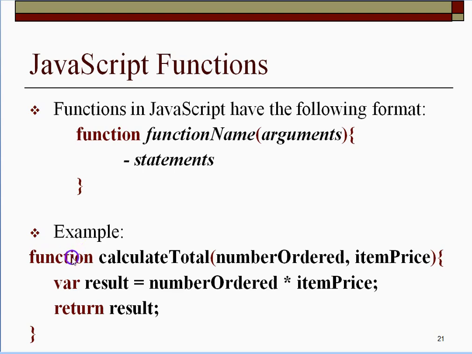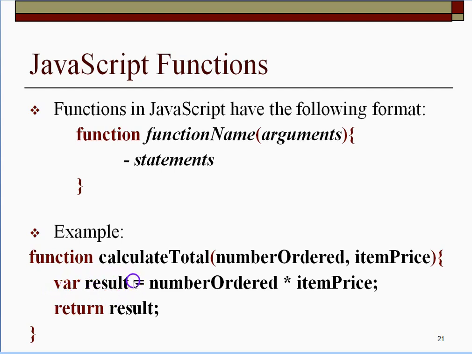Here is an example. You have function calculate total, and then you have two arguments that are passed to it, and then inside the body you have a local variable. See, the variable definition over here makes this variable here local. If a variable with the same name is used anywhere else in the program, it will have nothing to do with it.